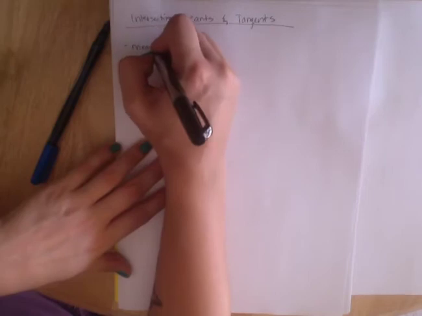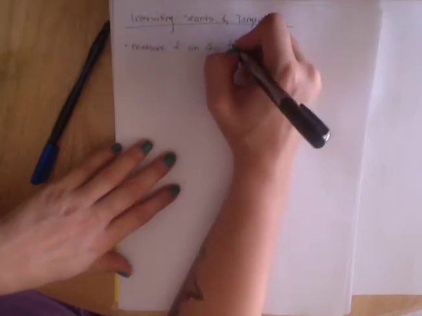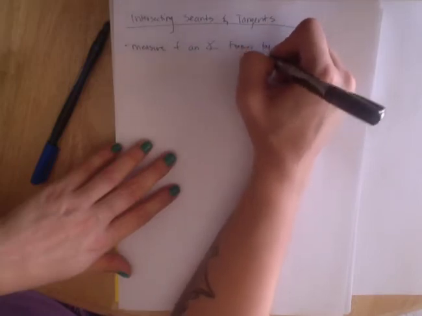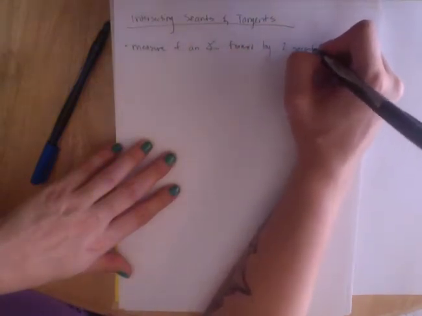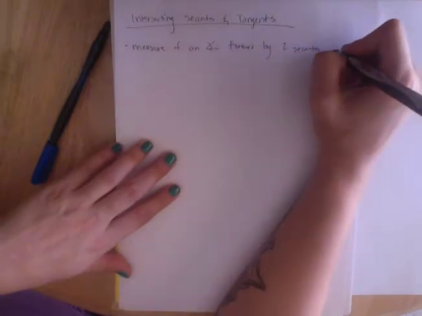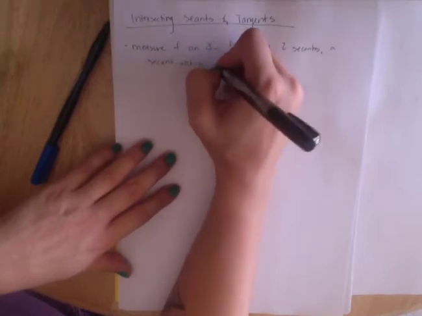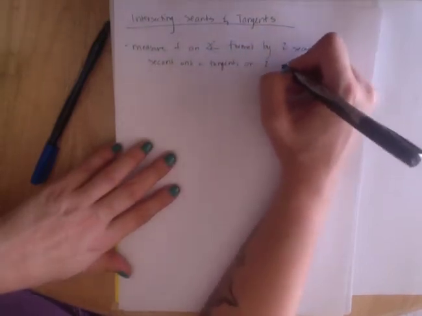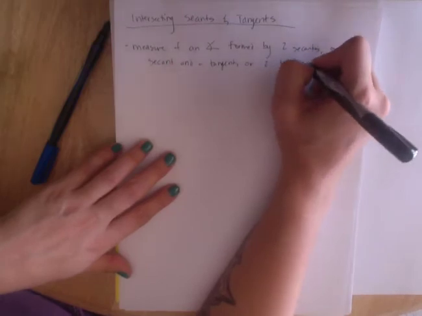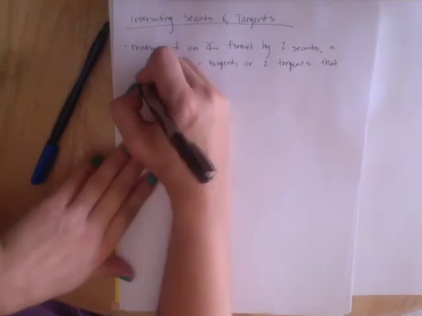So the measure of an angle formed by two secants, a secant and a tangent, or two tangents that intersect outside of our circle.